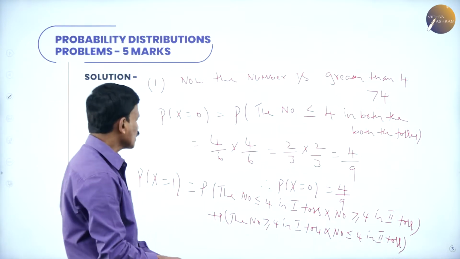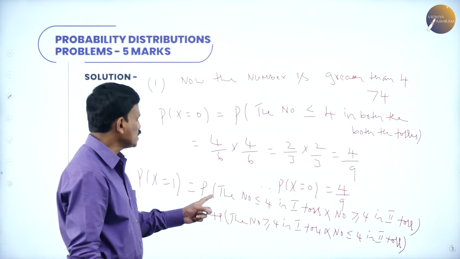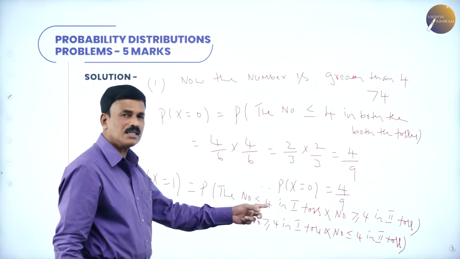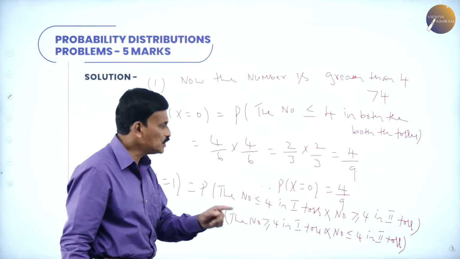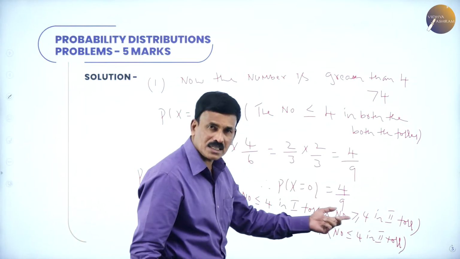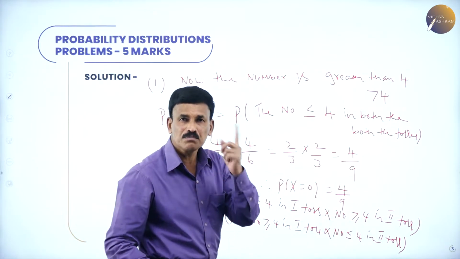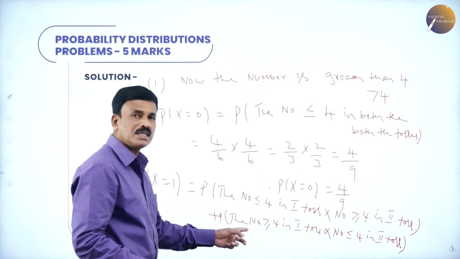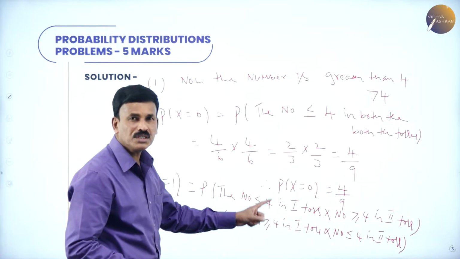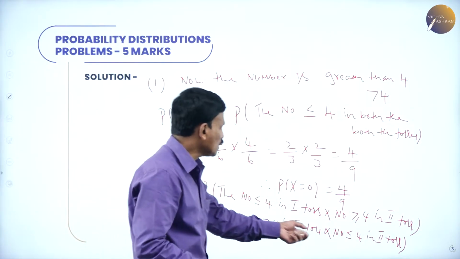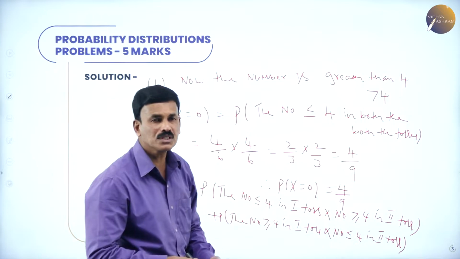See here, probability of x is equal to 1 means probability of the number less than or equal to 4 in the first toss into the number greater than or equal to 4 in the second toss, plus probability of the number greater than or equal to 4 in the first toss into the number less than or equal to 4 in the second toss.